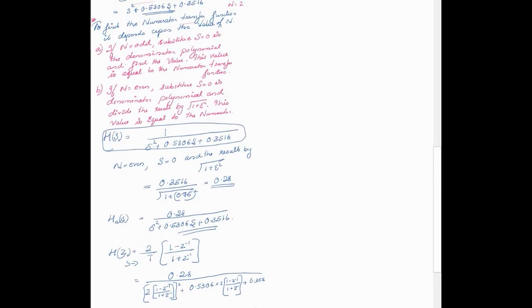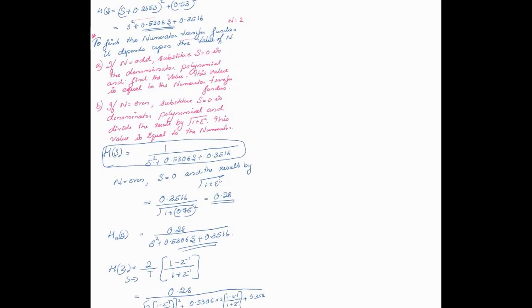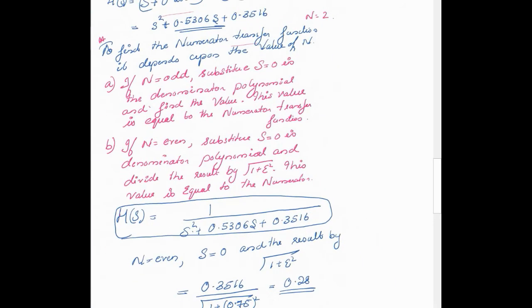If n value is odd, you just substitute s is equal to 0 in the denominator polynomial, and that value will be equal to the numerator. If n value is even, you substitute s is equal to 0 in the denominator polynomial, and at the same time divide that with the root of 1 plus epsilon square to get the numerator.